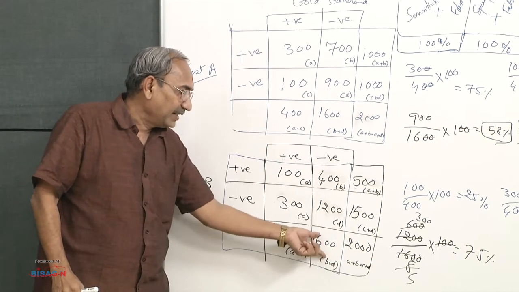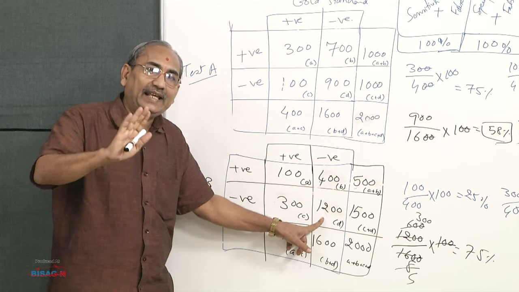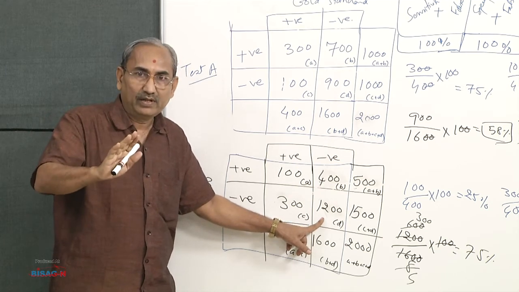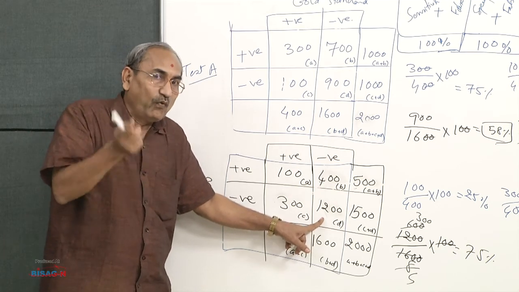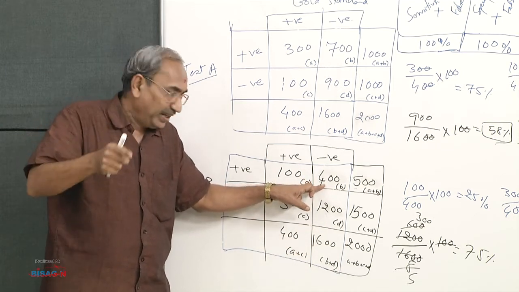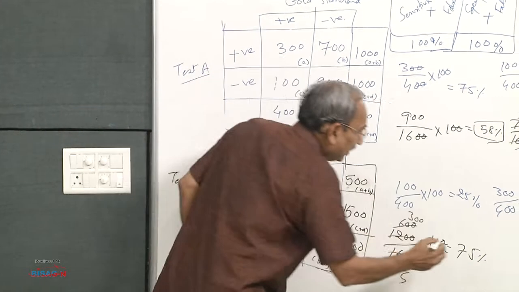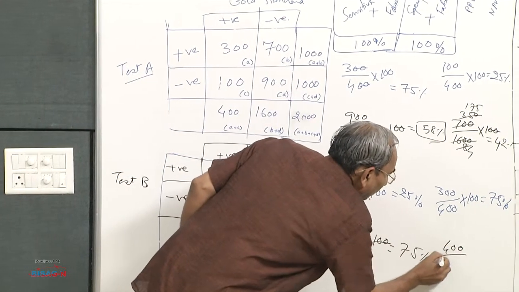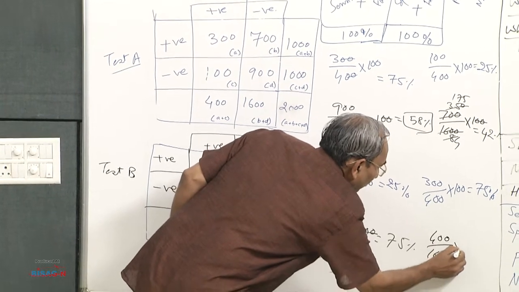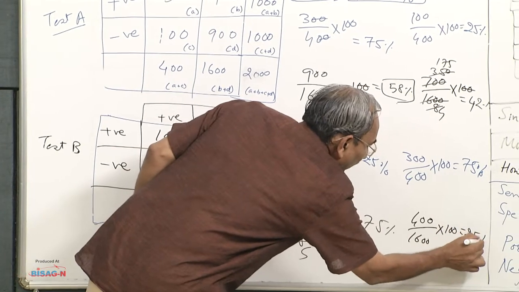Out of 1600, 1200 were detected as true negative, but unnecessarily, falsely 400 people were labeled as positive even though they were negative. So 400 out of 1600 multiplied by 100, that means 25%.